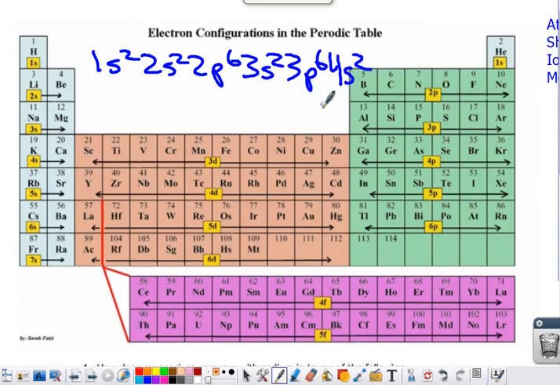Instead of writing the whole thing out, you could notice that calcium, which has 20 electrons, has argon, a noble gas, right before it. Argon is up to 3p6. So if you said argon 4s2, you have the noble gas configuration for calcium. Both of these answers that I've written down here represent calcium. The longhand is the electron configuration.